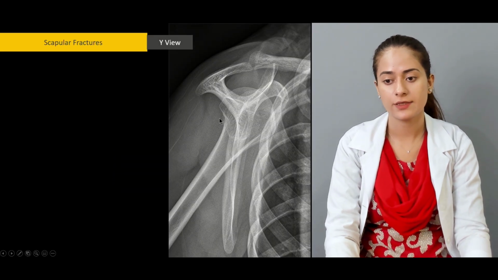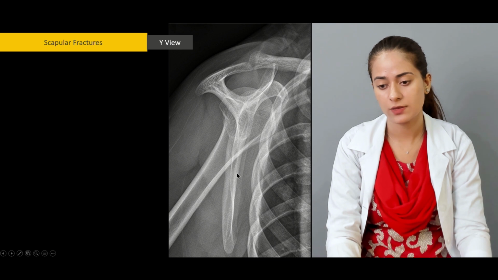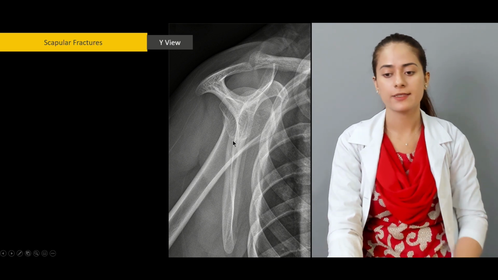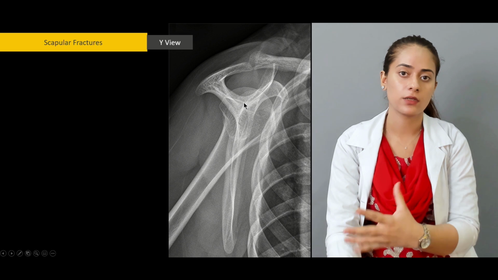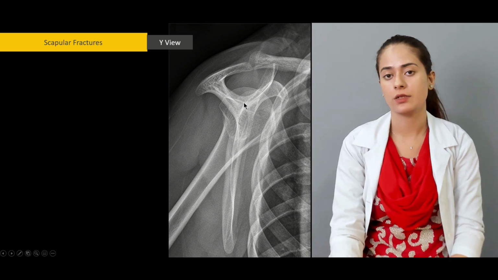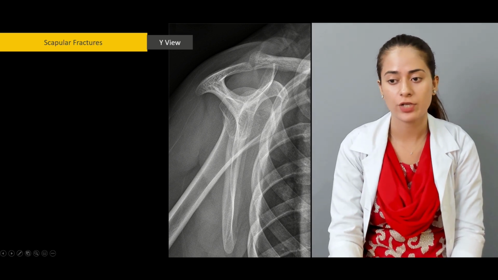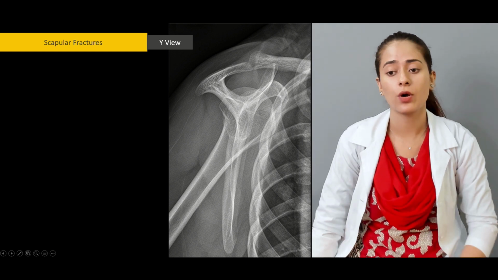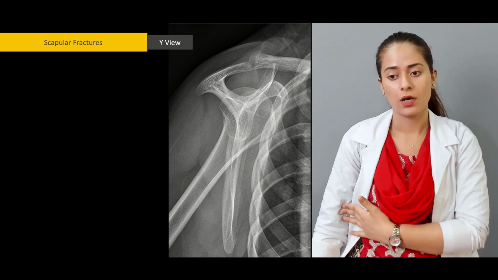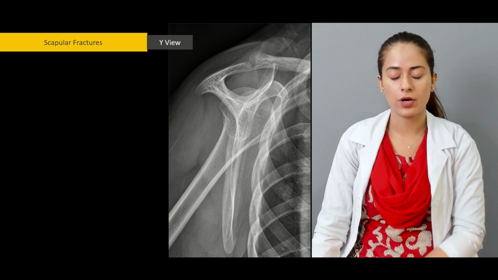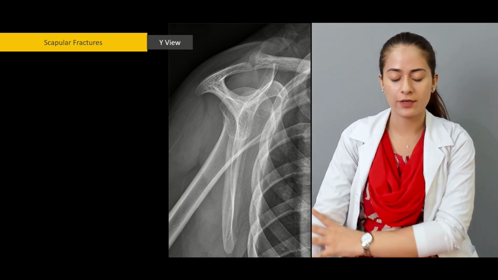So again, this is a scapular fracture, for which this Y view has been taken. Like I said, the Y view can be taken in multiple positions. We saw a Y view taken in internal rotation, and in normal arm position.